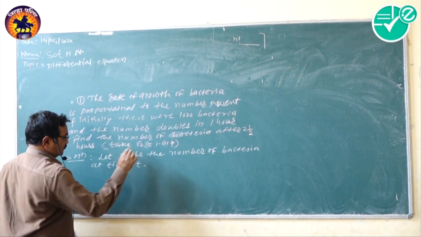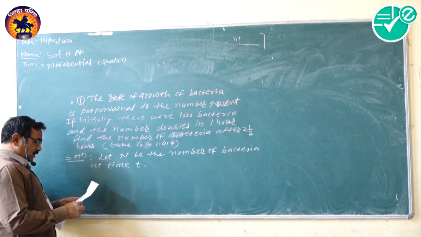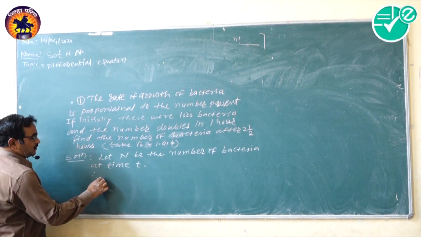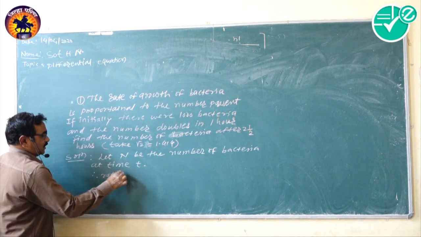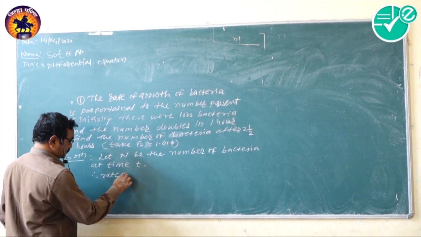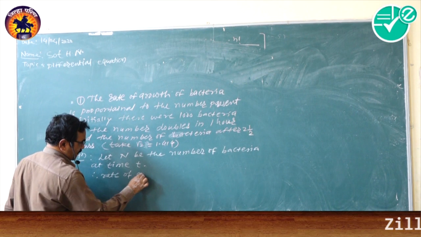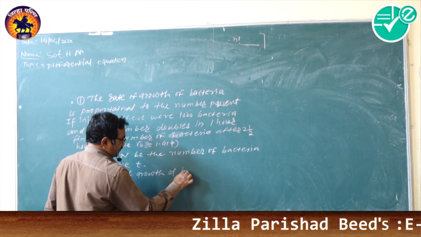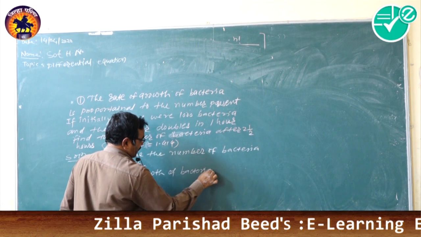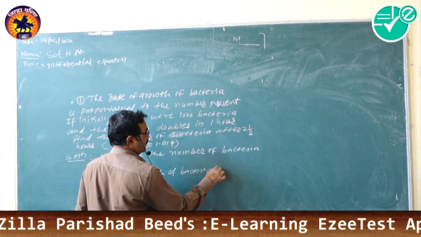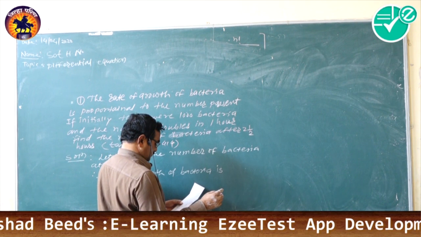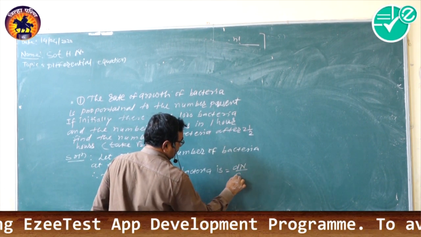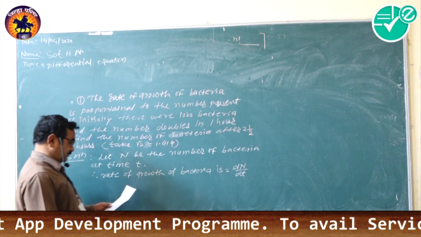At time t, the rate of growth of bacteria is equal to dN by dt.